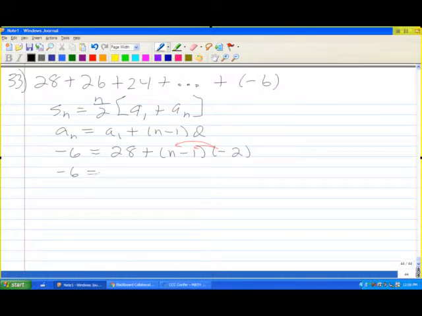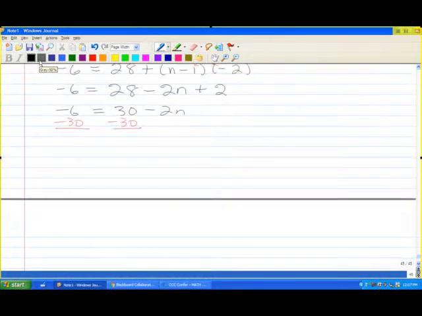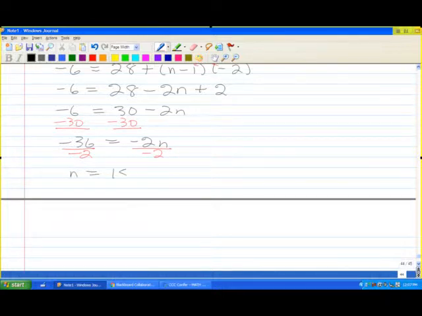So -6 equals 28 minus 2n plus 2. So -6 equals 30 minus 2n. Subtract 30 from both sides of my equation. And so -36 equals -2n. Divide by -2. So n is equal to 18.